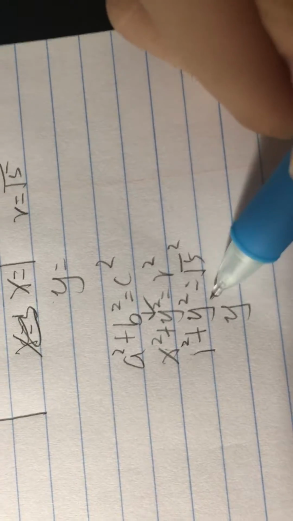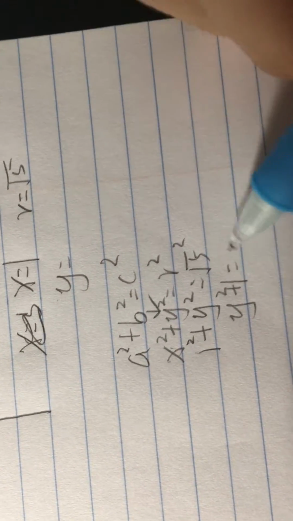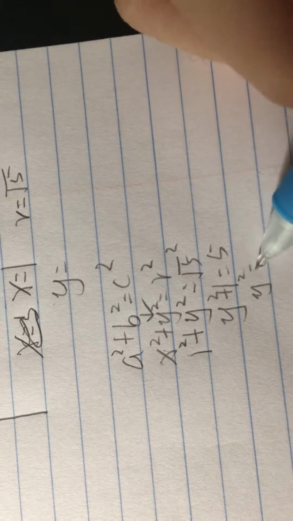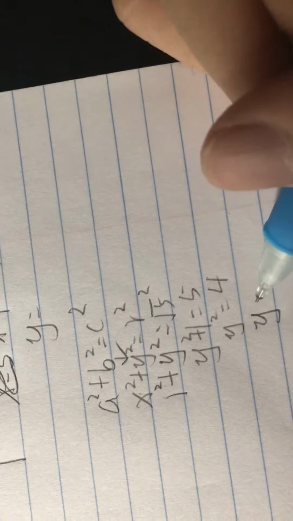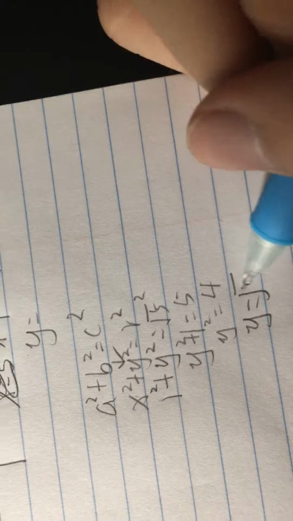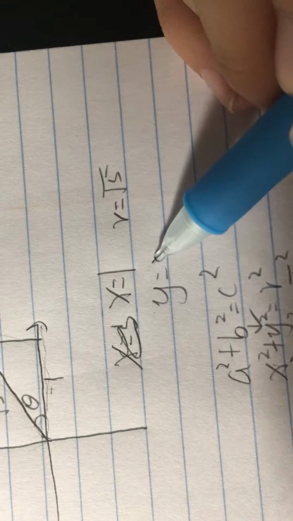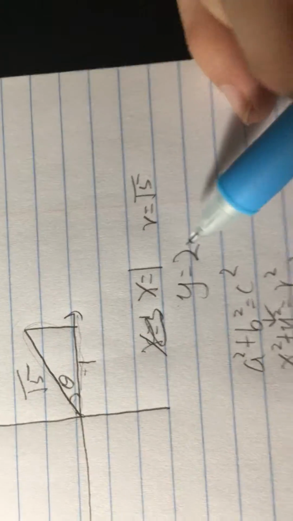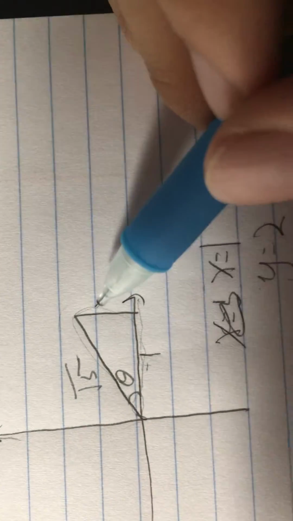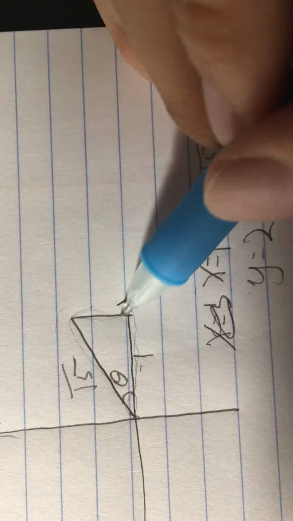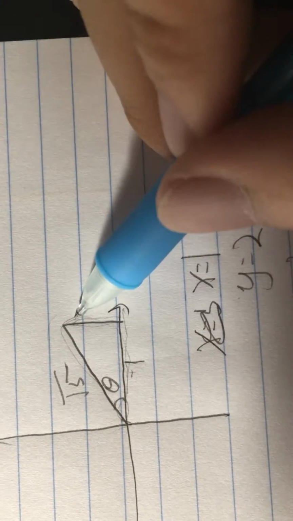We already know 1 plus y squared equal to 5, and y squared equal to 4. So the y is equal to square root of 4, which is 2. So we put 2 in this angle as the y's value.